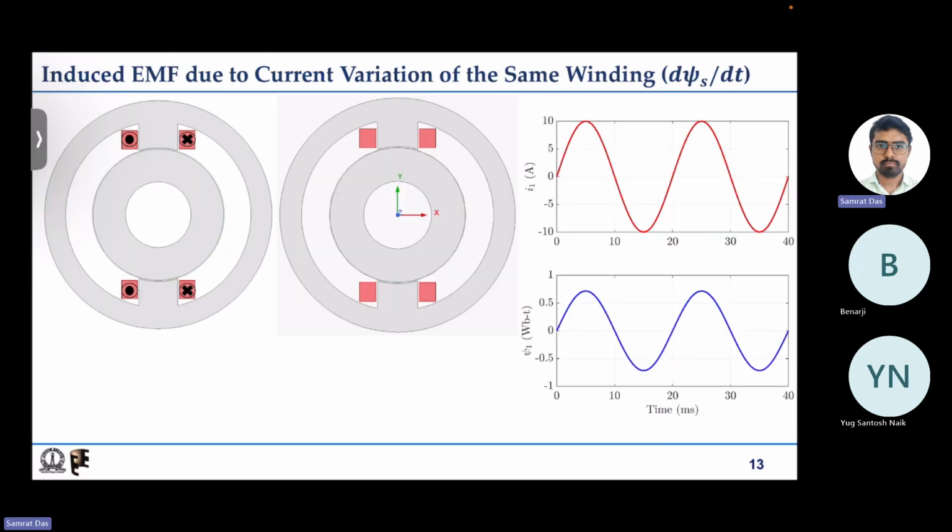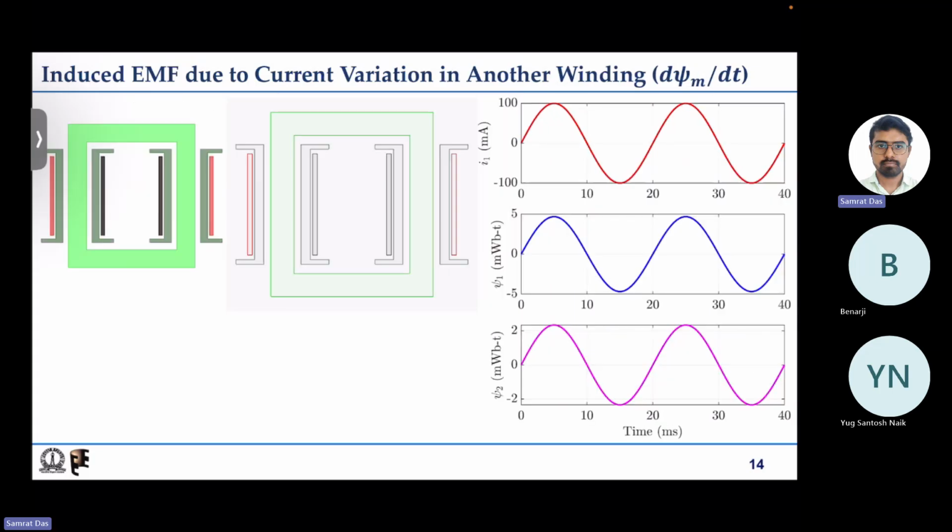In both the first two cases nothing really moves, so it is statically induced EMF. The first one is due to its own current, so that can be represented with an inductor. The next one can be represented by mutual inductance, similar to a transformer.